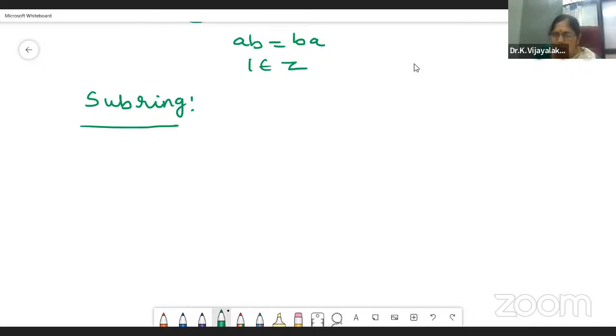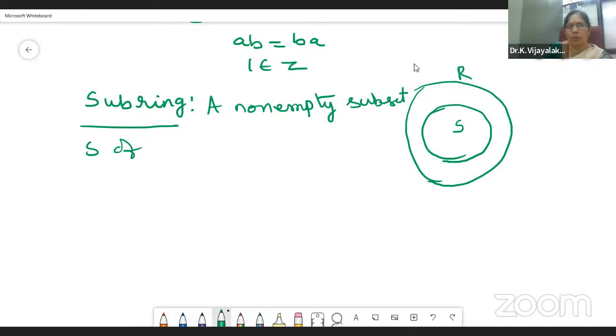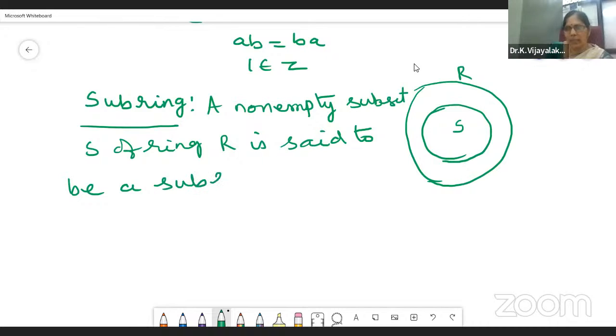Suppose R is a ring and S is any subset of R. That is, all the elements of S are also elements of R. So we say that a non-empty subset S of ring R is said to be a subring of R if S itself is a ring.